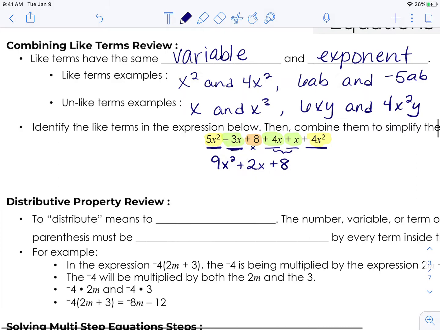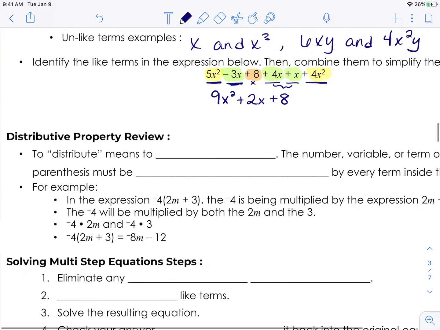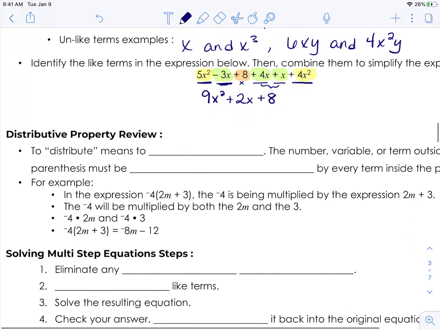Let's review the distributive property now. To distribute means to multiply. So the number, variable, or term outside a set of parentheses must be multiplied by every term inside the parentheses.